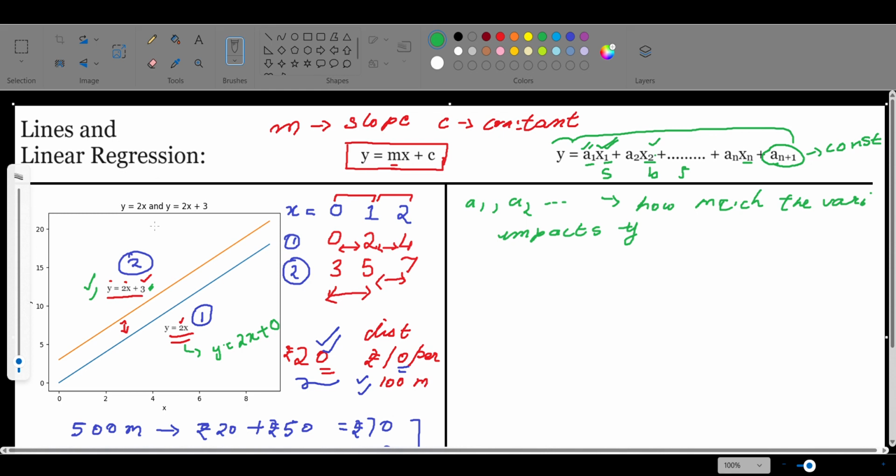Okay. So now, just to give you an extra fact, this equation over here is kind of like saying that you are drawing a line in n plus 1 dimensions. So if you notice y is equal to 2x, or any equation of this kind where you just have x and y, is drawn in a 2D plane.